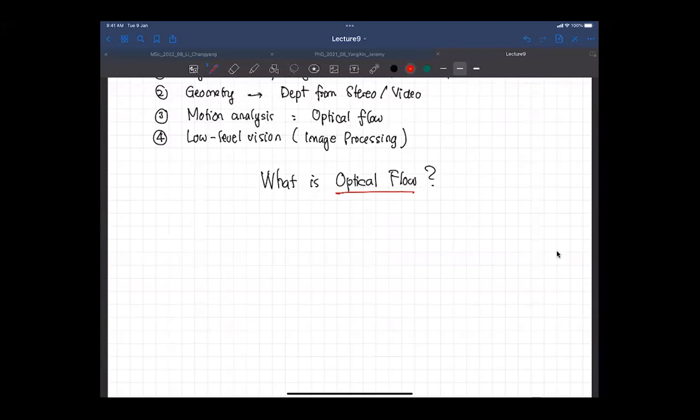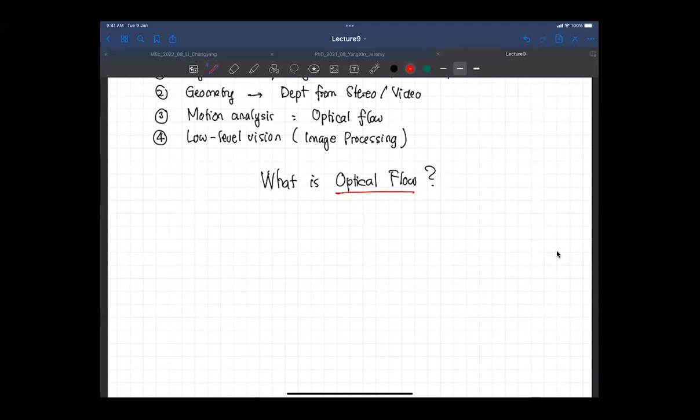So in motion, you have information on the direction and the speed. So basically, motion is a vector, because in a vector you also have two types of information. One is the direction, and the other is the magnitude. And the magnitude here represents the speed.